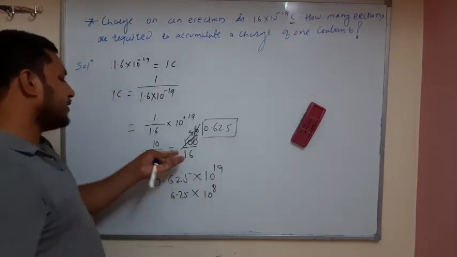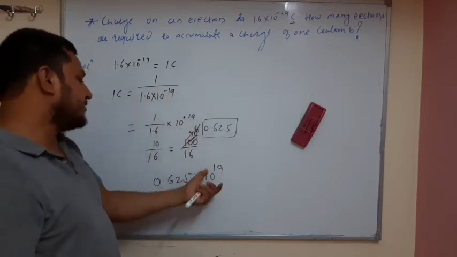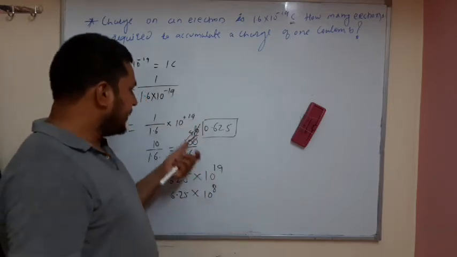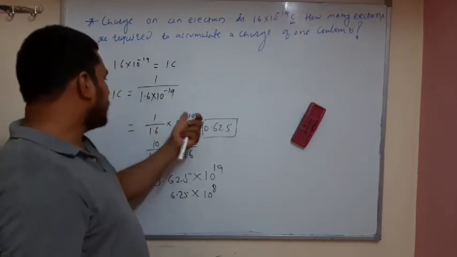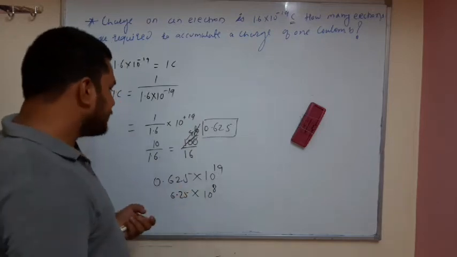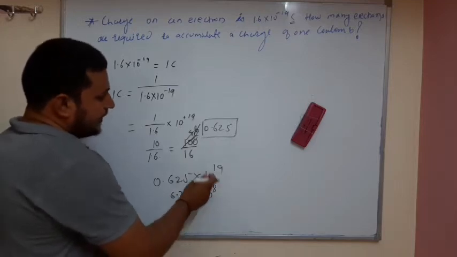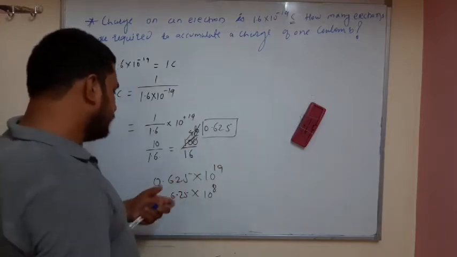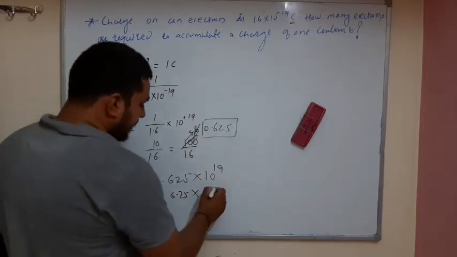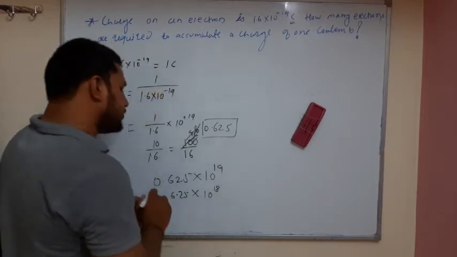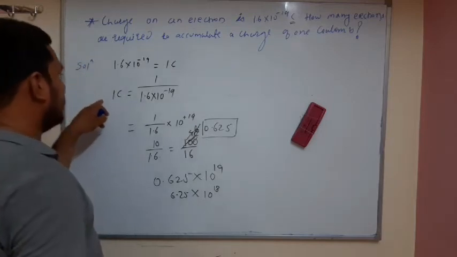There is no minus sign because the 10 raised to minus 19 has moved from division to multiplication, so the sign of 19 was changed. It was negative, and after moving from denominator to numerator, it becomes positive 19. Here again we move the point one place, so the value of 10 raised to 19 will reduce by 1, that is 10 raised to 18. Now this is the value we required.